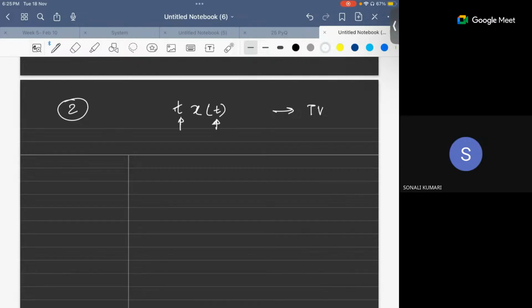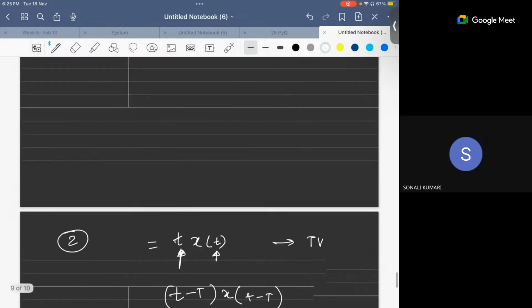You can see this variable apart from here also, right? So that will make the system time variant. That is very evident, because whenever you do the input delay, at every t you'll make t minus tau. But whenever you do the delay in the output, you'll just make it here t minus tau, so both are not equal, and that will make the system time variant.